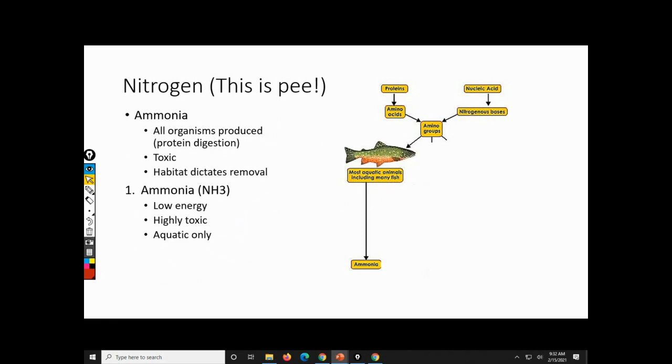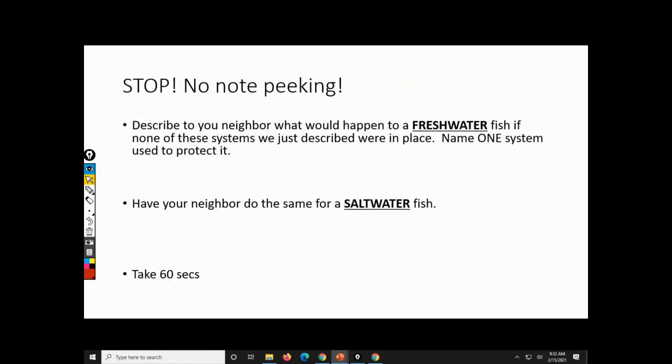Ammonia is the only one we care about right now because we're in the water. As we come out of the water, we're going to revisit, and I'll keep bringing up this exact image. Because we leave the water, then we're going to gain different types of ways to pee, because we'll have different types of environments to worry about. But right now, all we have is ammonia.